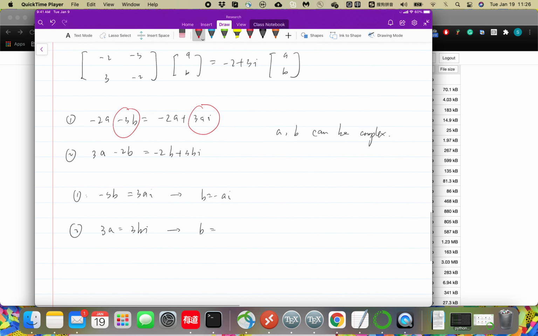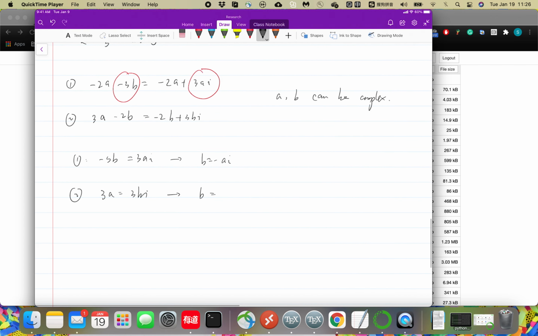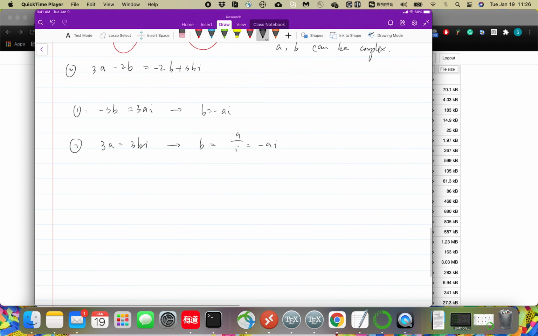Okay, good. And we have 3a equals 3bi. Oh yes, so b equals a divided by i, which is also -ai. All right, so with that in mind, the vector will look like (a, b), but then it will look like (a, -ai), which gives you a times (1, -i). So this is going to be your eigenvector.